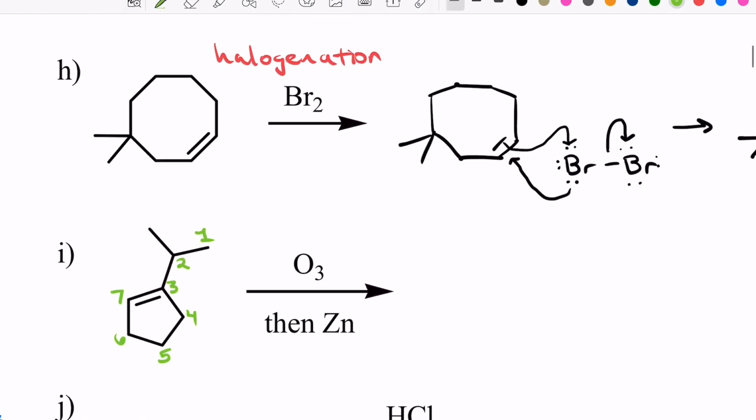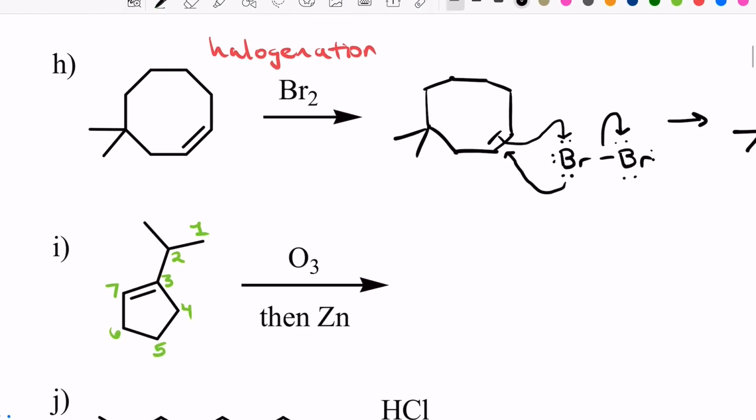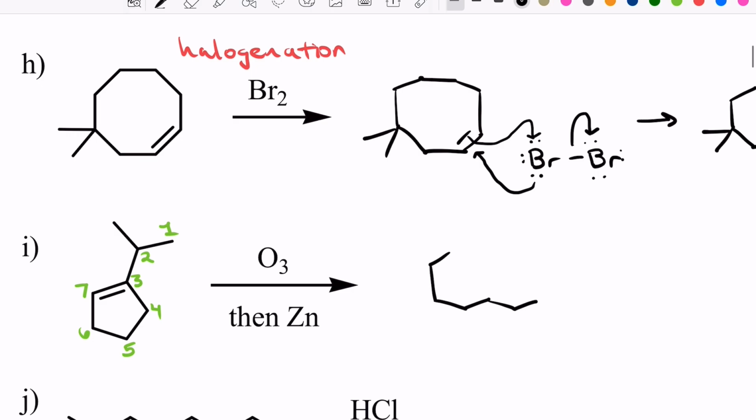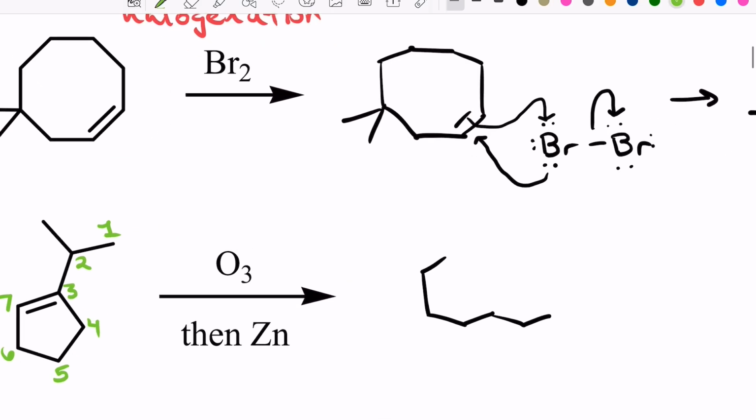I'm going to redraw like this. 1, 2, 3, 4, 5, 6, 7. Okay. So I'm going to number again so we can keep track.